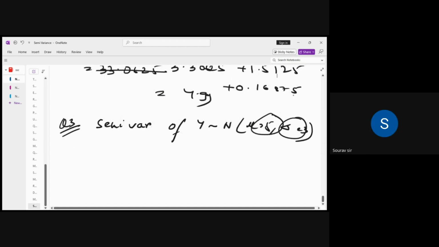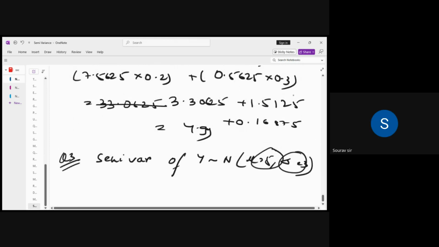So the question is, what is the semi-variance formula? Is it the integration one, the square deviation? Yes, square deviation. So we have to put that. We are being given mu and this.